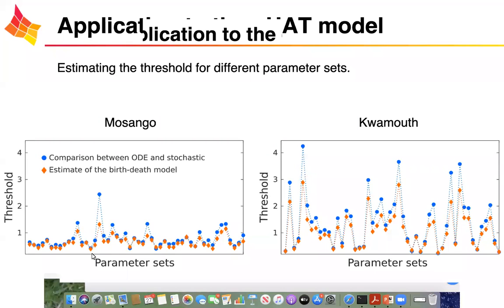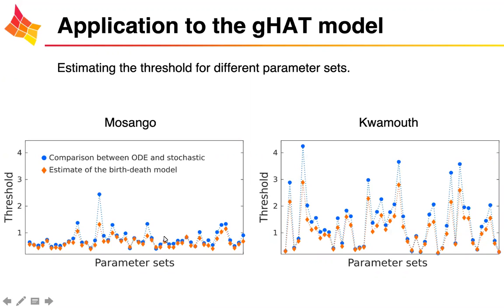And we see that this model can give a good estimate of the threshold for different parameter sets, and it even captures quite well the stochastic fluctuations of the threshold for different health zones.